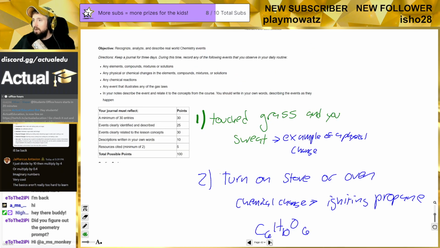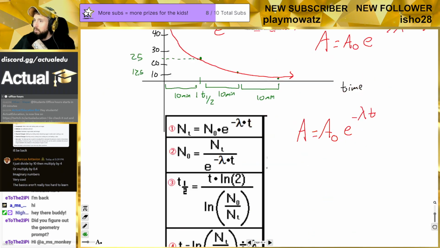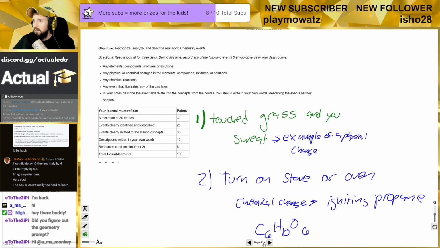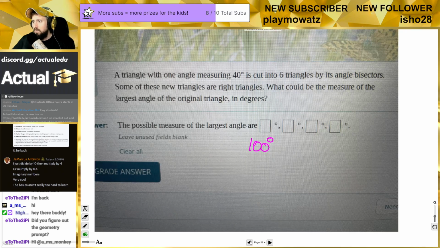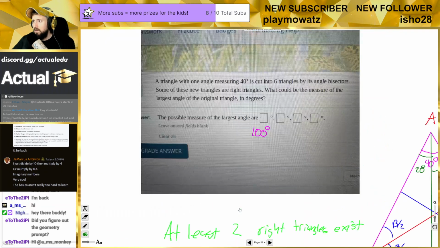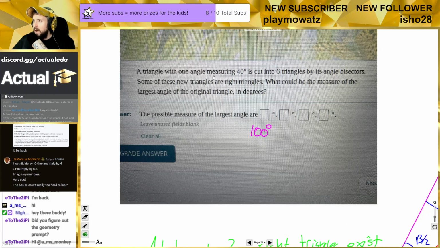Okay, so I think we have a question, Zach, with honestly just what even the question is asking. So where did we have it? Where did I put it, Jamarcus? Is it here? So they say a triangle with one angle measuring 40 degrees is cut into 6 with angle bisectors. Some of these new triangles are right triangles, right?